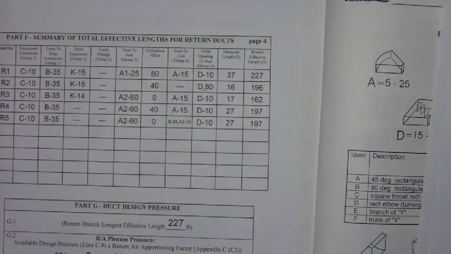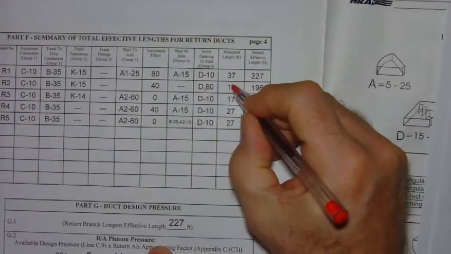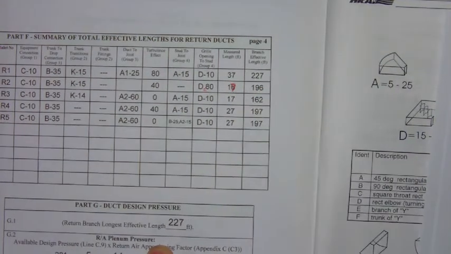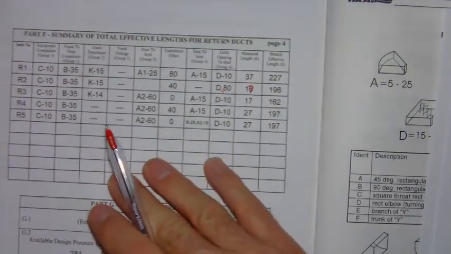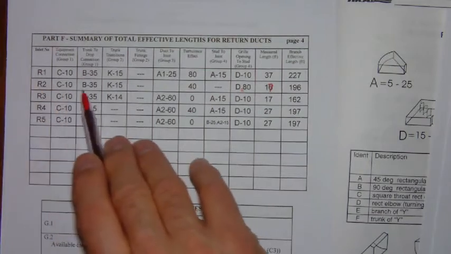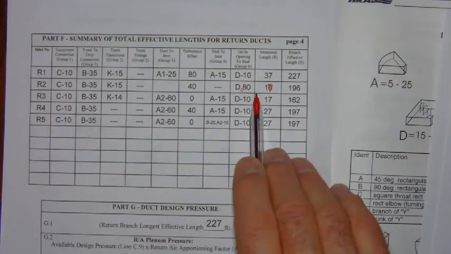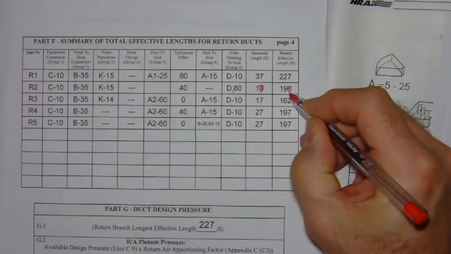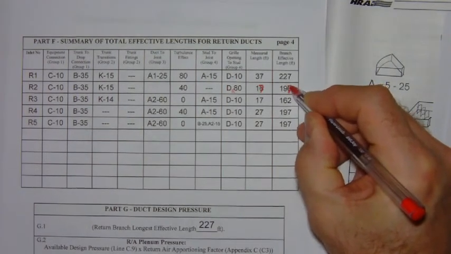So I can see that there's a slight error here. This should be 17. So now all that's left to do is add all of the equivalent lengths plus the actual length, and you should end up with 197 feet.